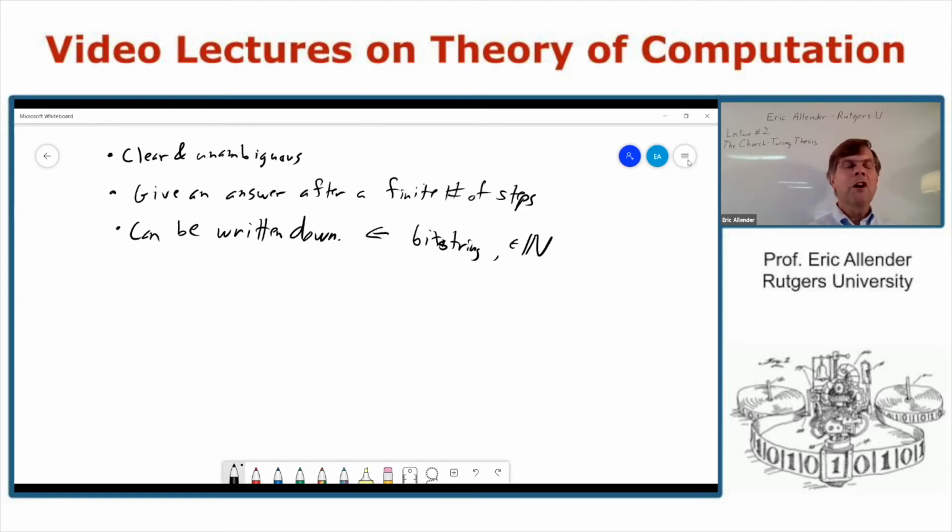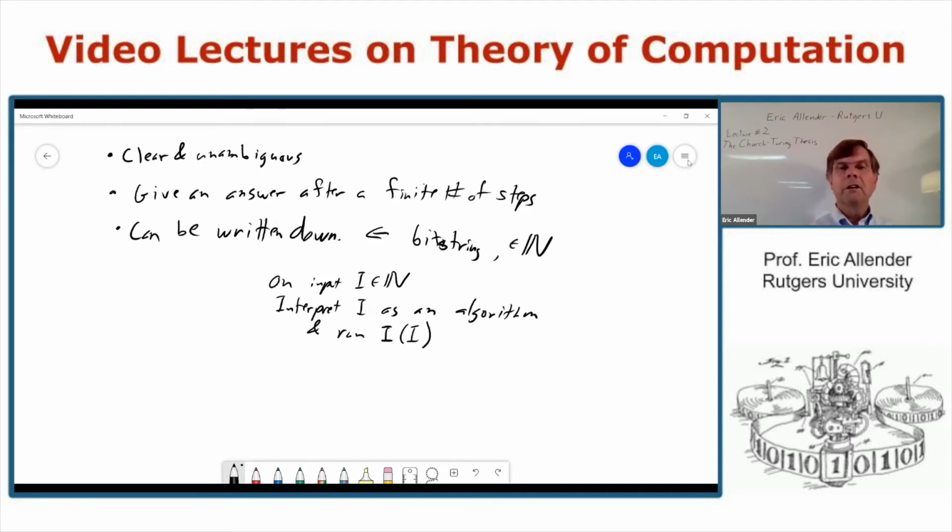Well, consider the following thing that looks like it ought to be an algorithm. On input I, which is just a natural number, but equivalently a bit string, interpret I as an algorithm and run I on some input. Well, let's just use the bit string I itself as an input.